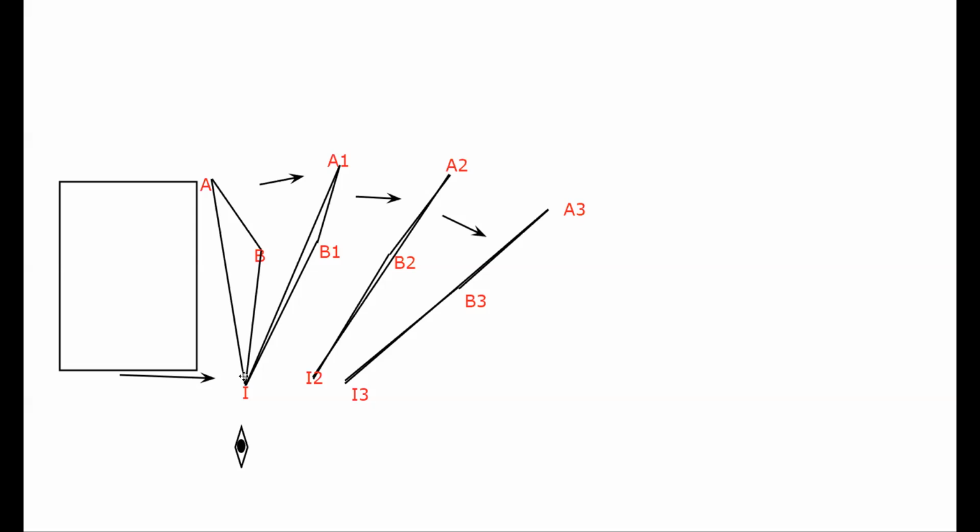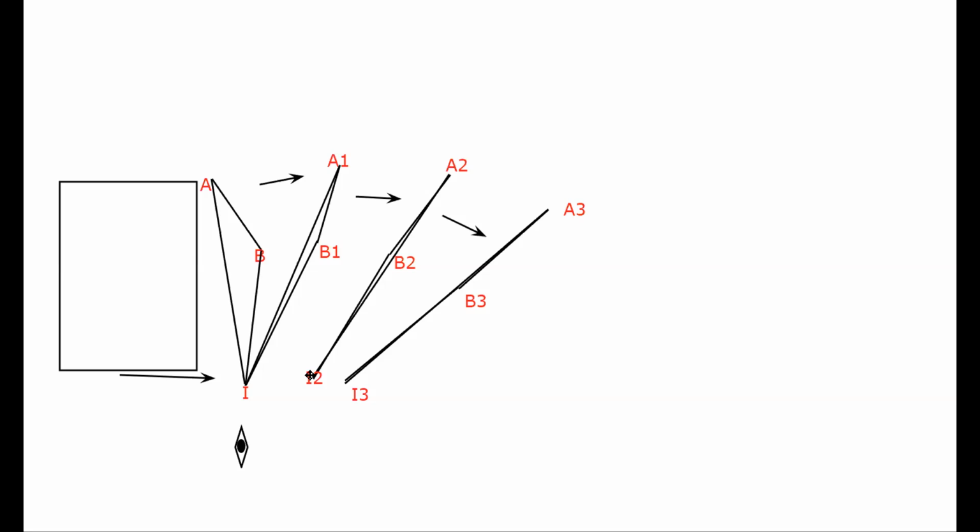Similarly, if I poke a point here like this, there will be one axis here. Just imagine, if I put a pen over here, I'll get one axis at this point.